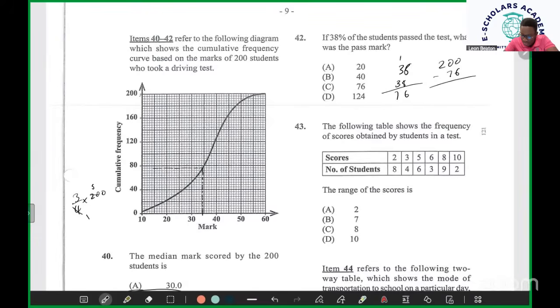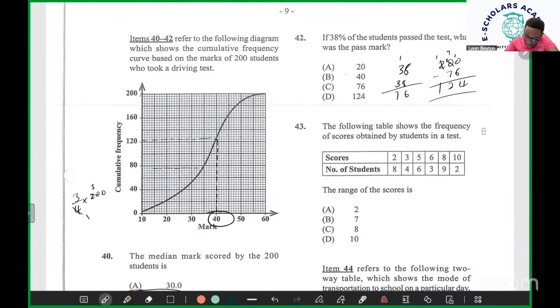That would give us 124. So let me go to 124, and that should give us the pass mark. So 124, you come across here, and then you come down here.